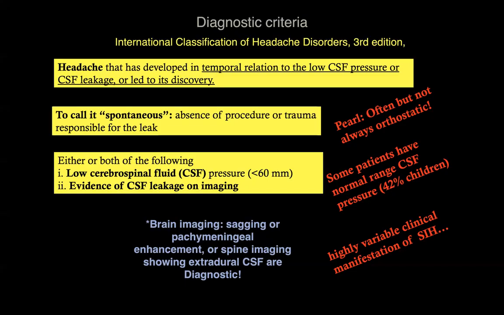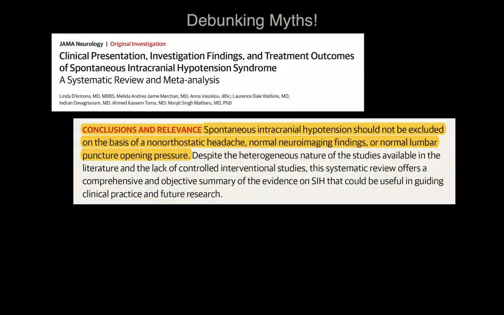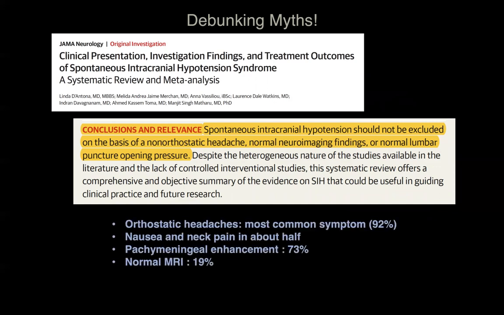So you have this definition, and if you look at a recent review done by some colleagues at Queen Square Hospital here in London on adults, spontaneous intracranial hypotension should not be excluded on the basis of non-orthostatic headaches. As I told you, headache can be orthostatic, but can also be non-orthostatic. You can have normal neuroimaging, and you can have normal lumbar puncture. So it's much more difficult now to be so sure about this diagnosis.